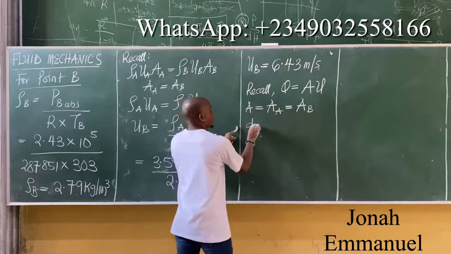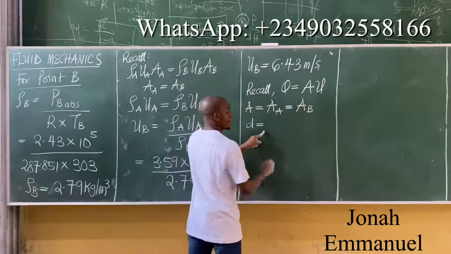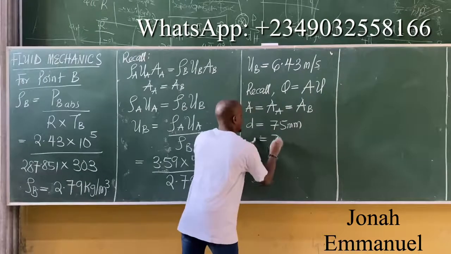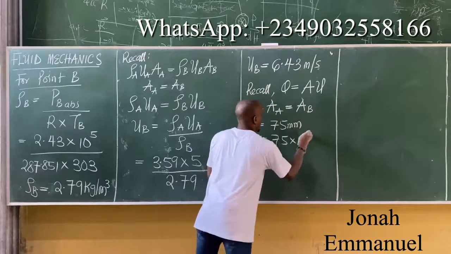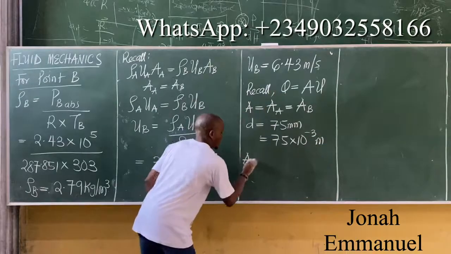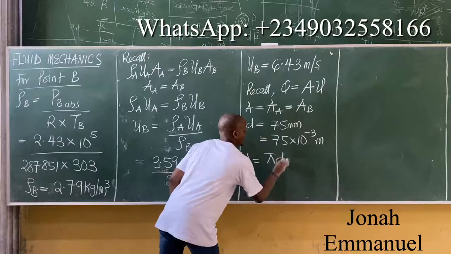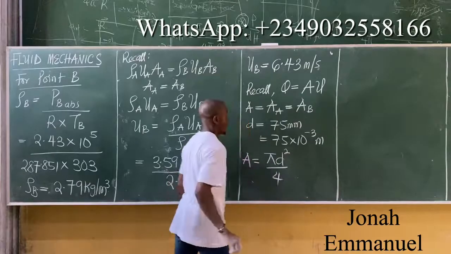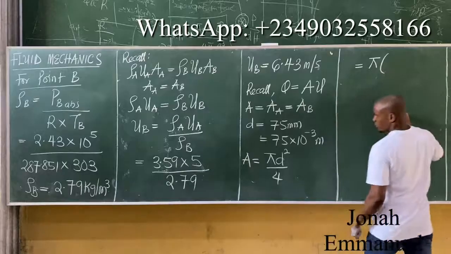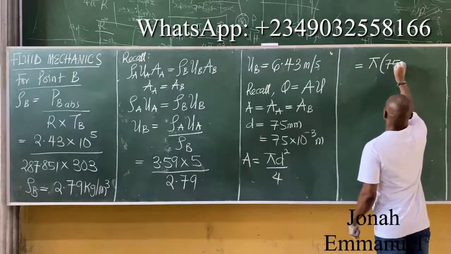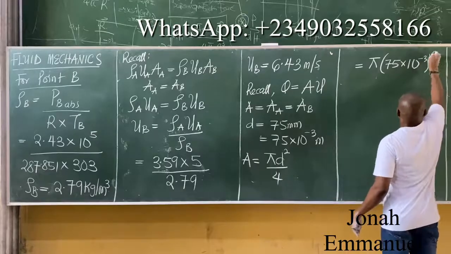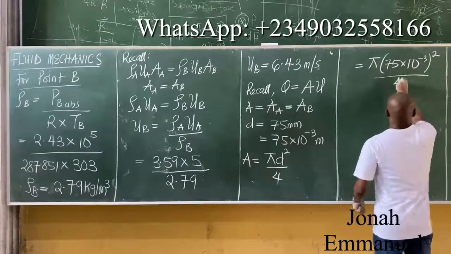What was the diameter there again? 75 millimeters. Please convert. 75 times 10 to the power what there? Minus 3 meters. So therefore, area is equal to pi d squared all over 4. That's equal to pi into 75 times 10 to the power minus 3 all squared all over 4.